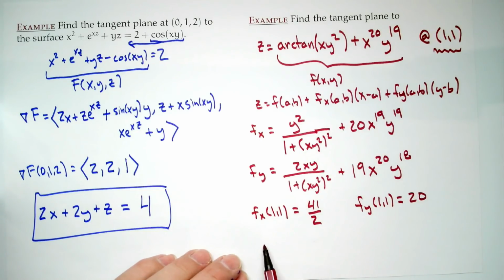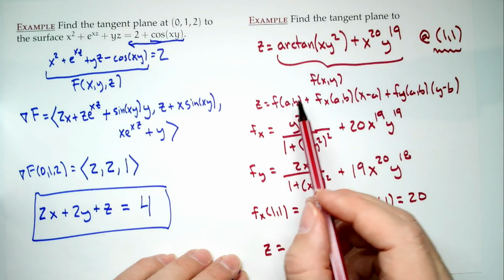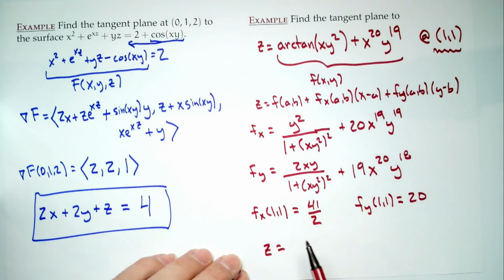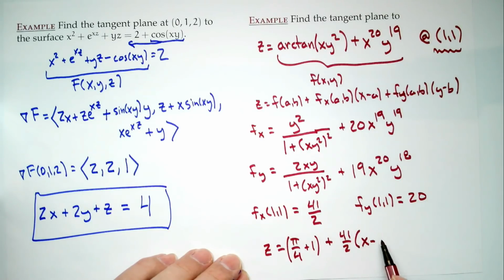So now we can say that z is equal to, oh, there's one other thing we have to find. What's the function at 1, 1? When we plug in 1, 1, we get arctangent of 1, which is pi over 4. And then we get 1 to the 20th times 1 to the 19th, which is 1. So there's my function at my point, plus f sub x evaluated at my point, so 41 halves, times x minus what? 1.